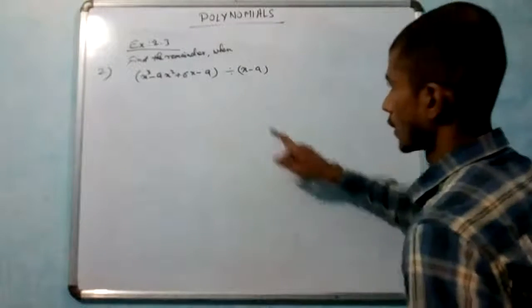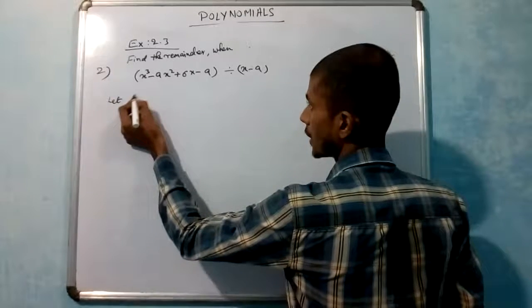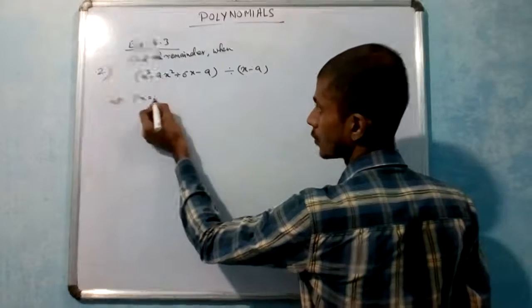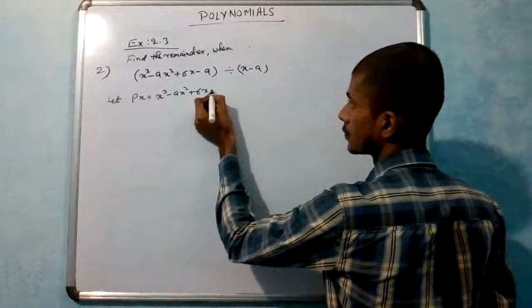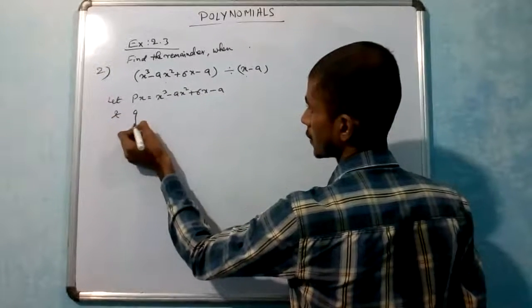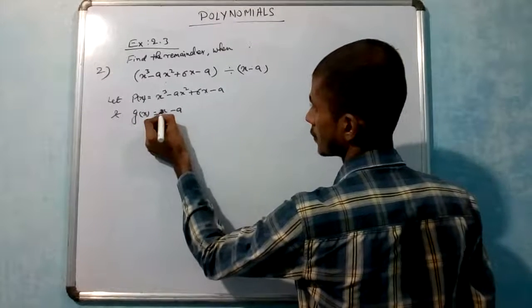So what to do? Get the 0 of this. Solution: let p(x) be this, and g(x) be x minus a.